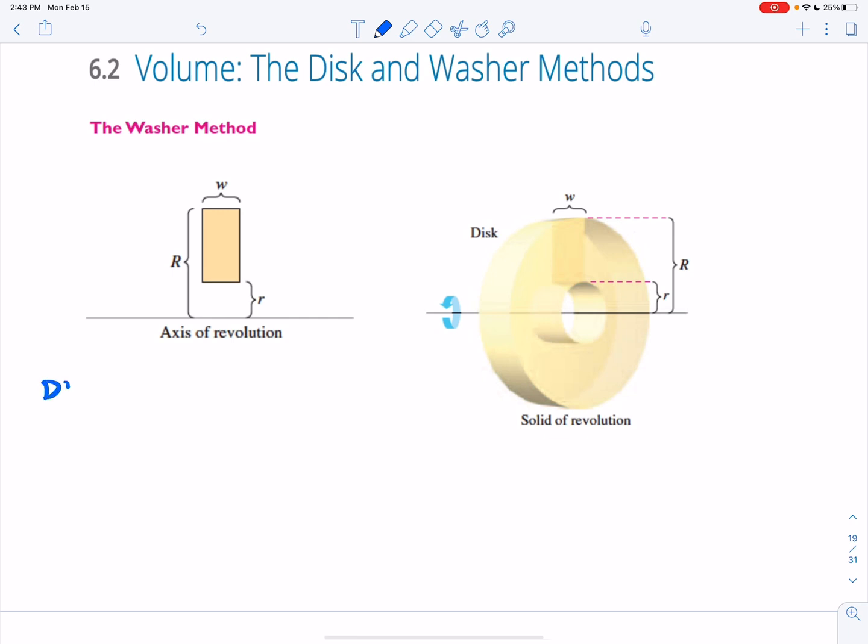So for a disk, we know, at least when we revolve around the horizontal axis, it's V equals pi r squared dx, from a to b.